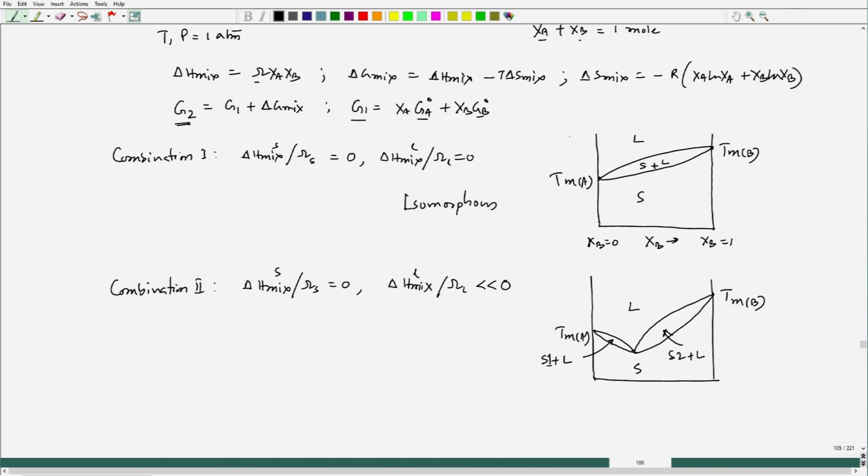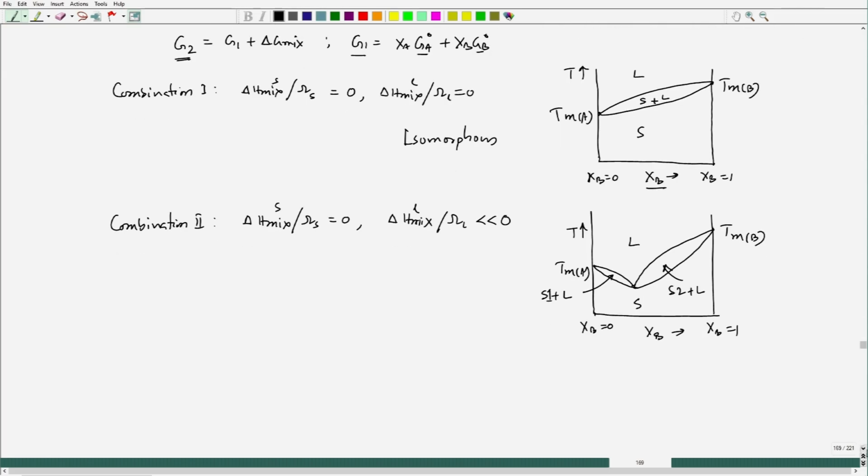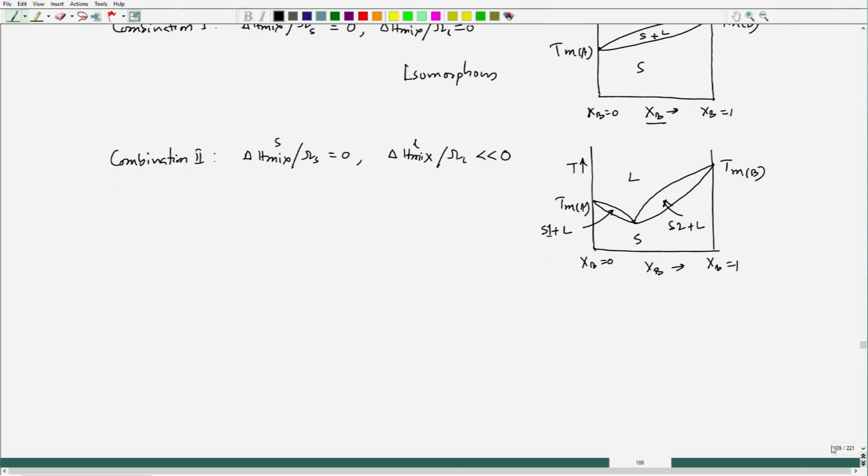Okay. So, remember this is temperature axis, this is composition axis, and x b equal to 1, x b equal to 0. Fine. This is the second combination we have considered.